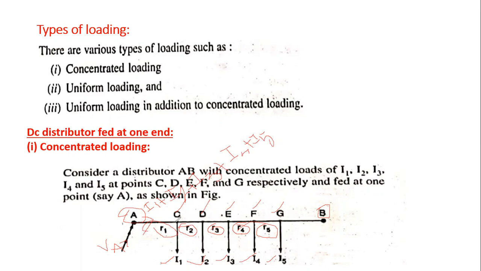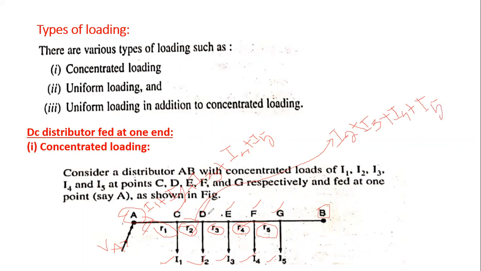Next, at point C, I1 current is dropped. What is the current in section CD? Since I1 is dropped, the current in section CD is I2 plus I3 plus I4 plus I5.